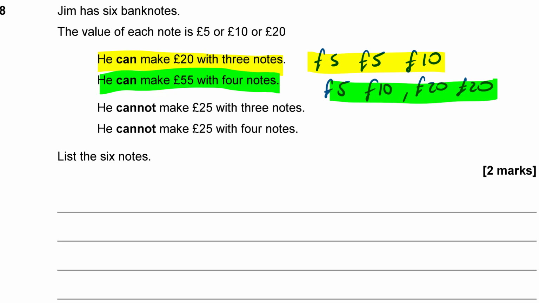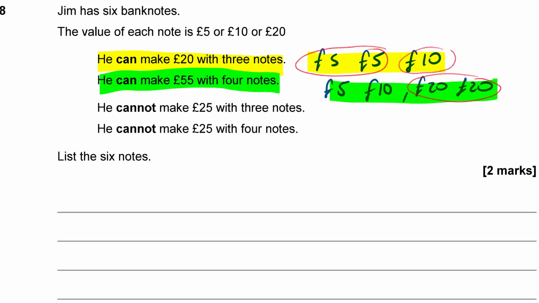So looking at these two together, if I can make £20 with a £5, £5, and £10, I must have at least 2 £5 notes. And if I can make £55 with 4 notes, which is a £5, £10, £20, £20, I must have at least 2 £20 notes. Plus, I must have at least 1 £10 note.